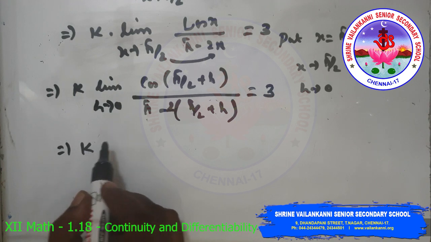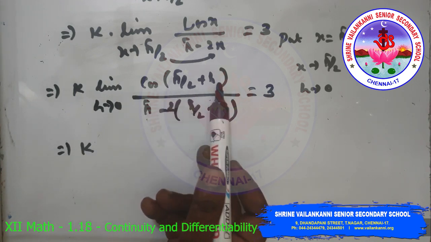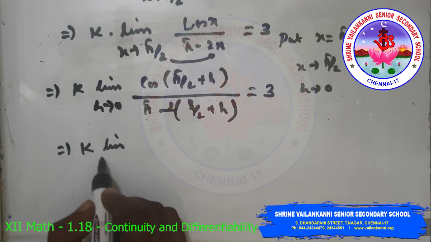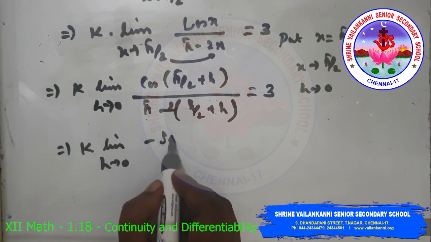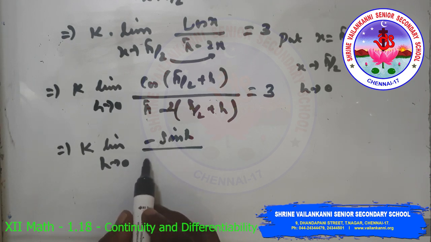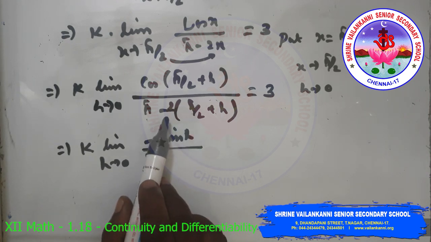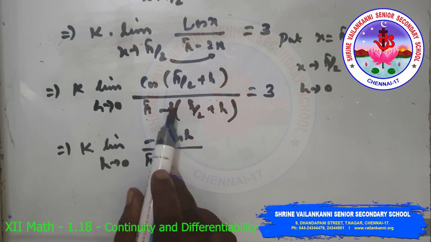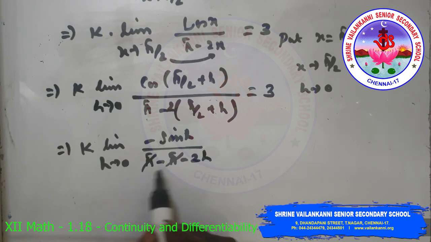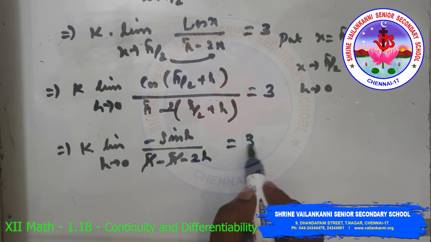Cos 90 plus h is minus sin h. So limit h tends to 0 minus sin h whole by pi minus 2 into pi by 2. 2 and 2 will get cancelled. So minus pi minus 2h. So this will get cancelled, which is equal to 3.